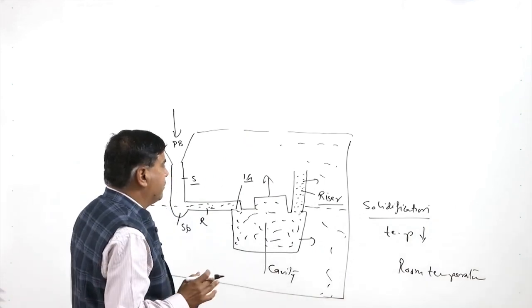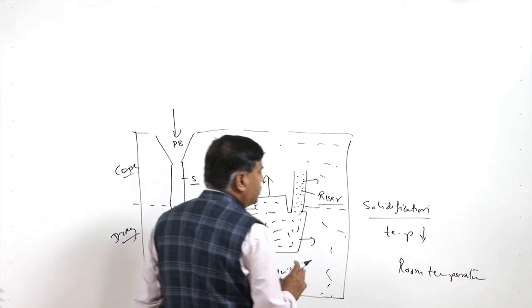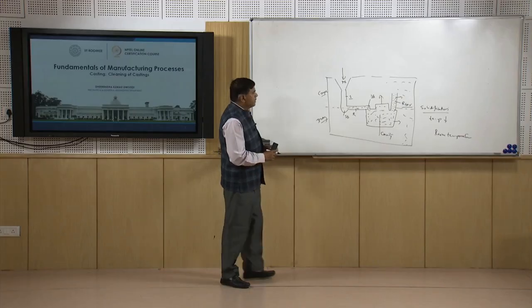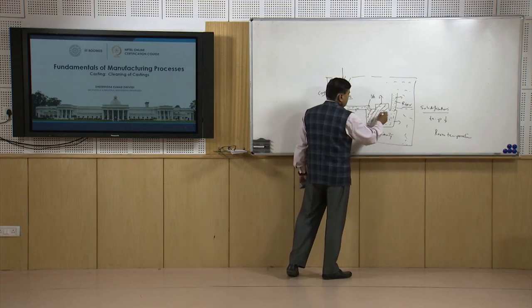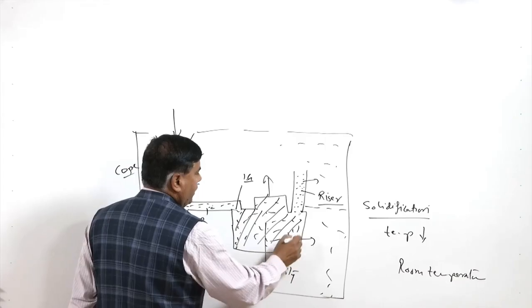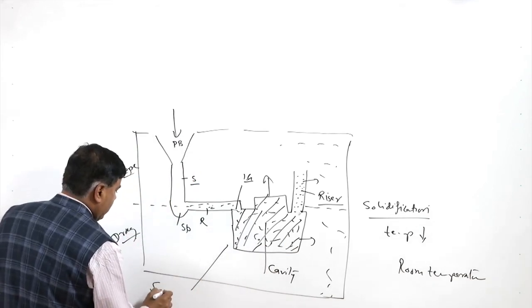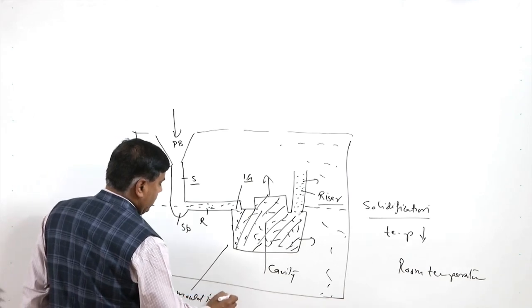So, we need to identify at what stage the sand mold should be broken so that we can take out the casting. To extract the casting after solidification, this is the casting, it is required that the sand mold is broken.